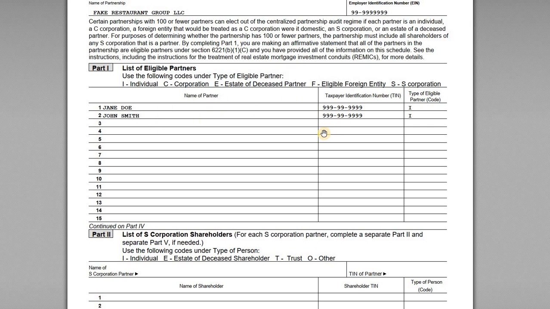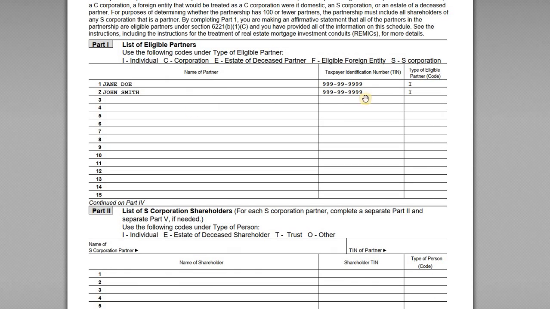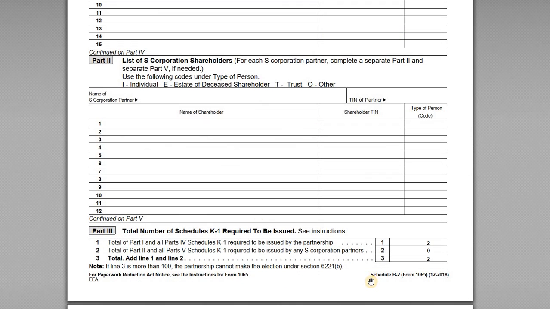Notice what's missing, partnerships. So if you have a partnership and then you have a partner that is another partnership, you can't make the election. In our case, we just have 2 individuals, natural persons. So we've listed them here, their tax ID numbers indicated down here, the totals for the K-1s to be issued.